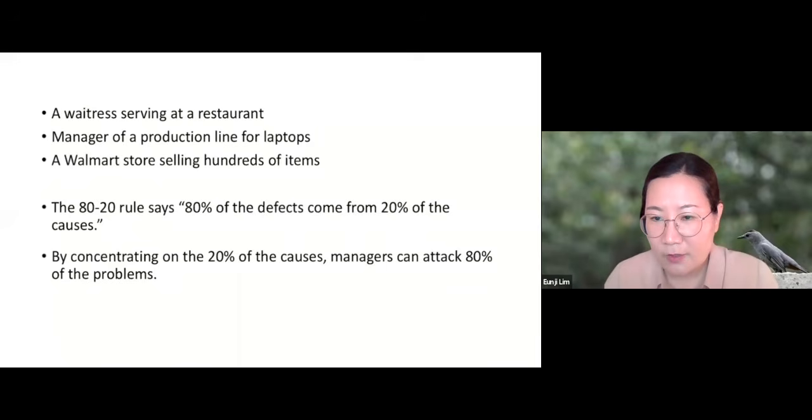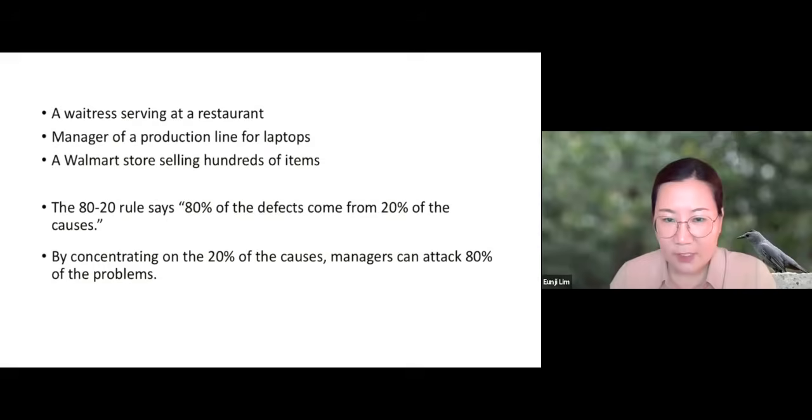Let's take another example. Let's say you're running a Walmart store. You have hundreds of items on the shelf, and since you have so many items in the store, you don't know which items to monitor more closely. According to the idea, most of the profit I make comes from a small number of items.